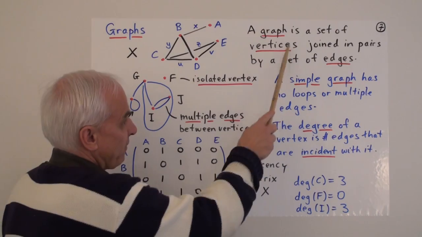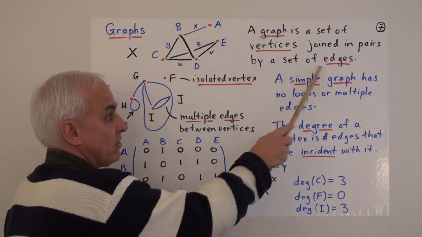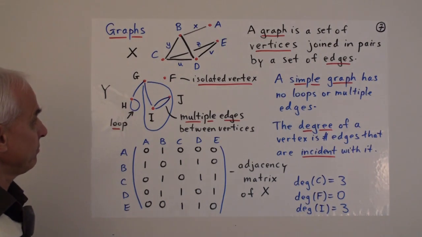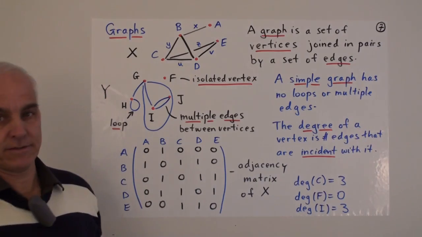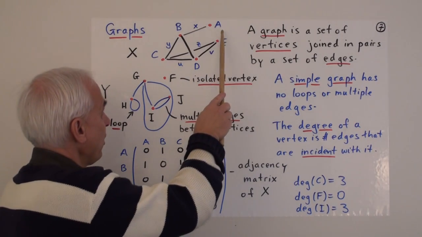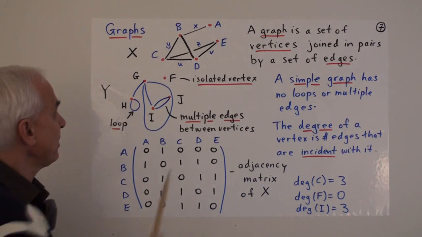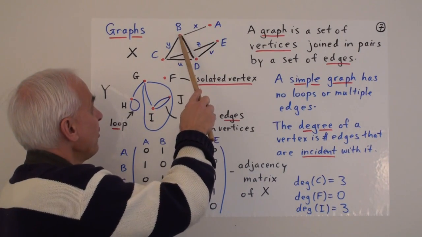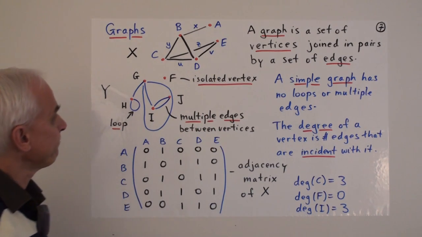It's a set of vertices which are joined in pairs by some set of edges. In this case, this graph is called X. And the vertices are A, B, C, D, and E. And the edges have, in this case, names X, Y, Z, V, and U.